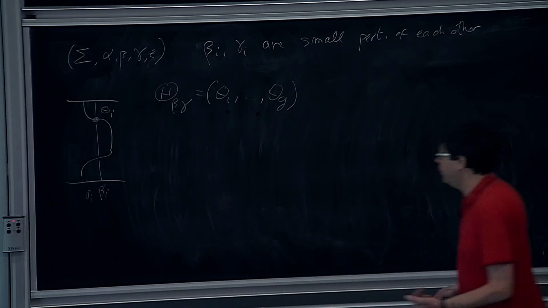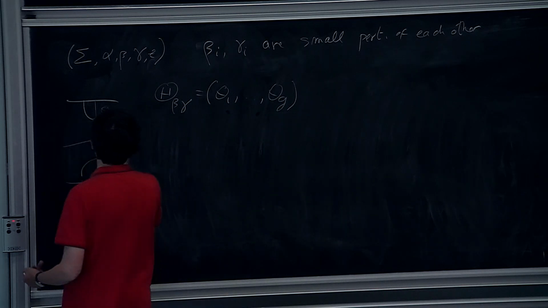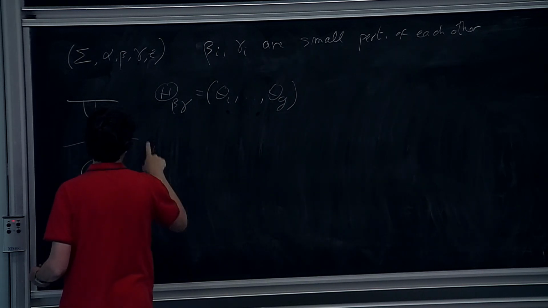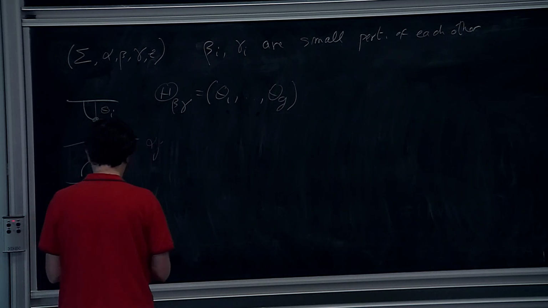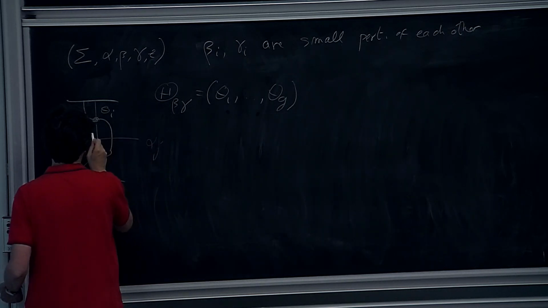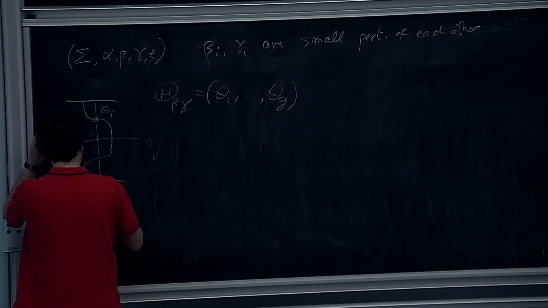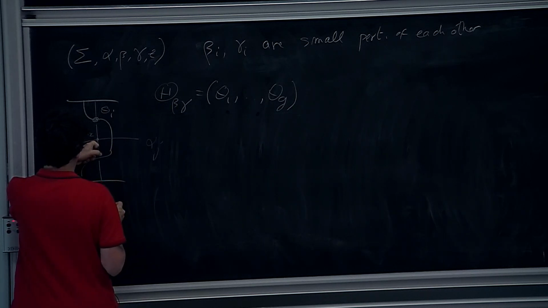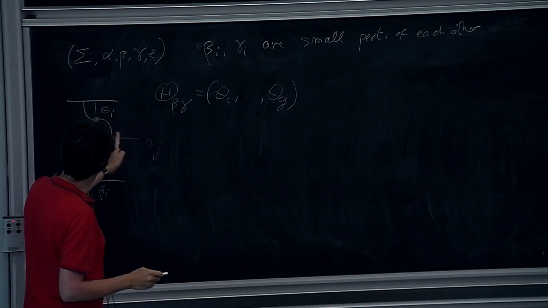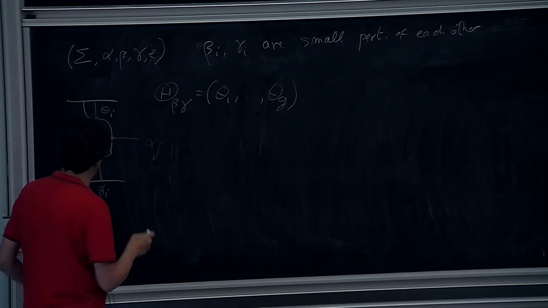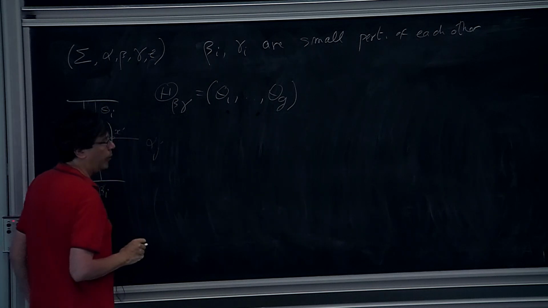So the alpha curve will intersect these things somewhere. And we'll have an intersection x with the blue curve, and since the green curve is a small translate, we'll have an intersection x prime with the green curve.